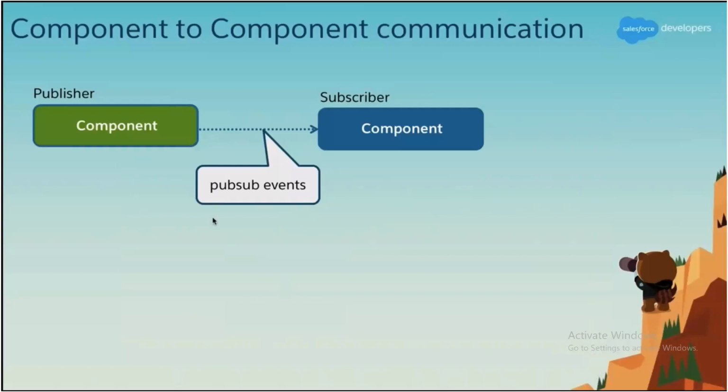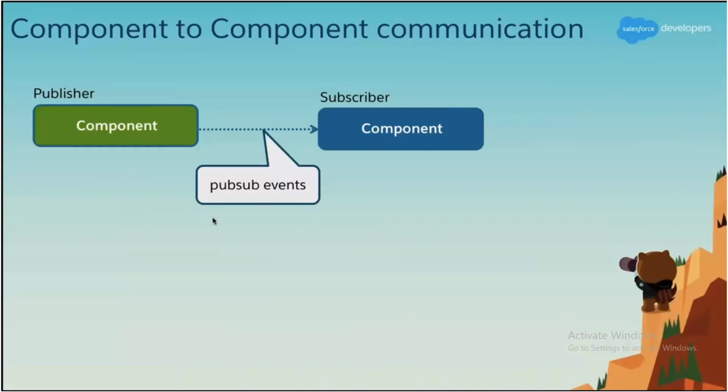There is one more mechanism, as I discussed: lightning message service is used in order to transfer data between three different systems, for example, lightning web components, lightning aura components, and Visualforce pages.